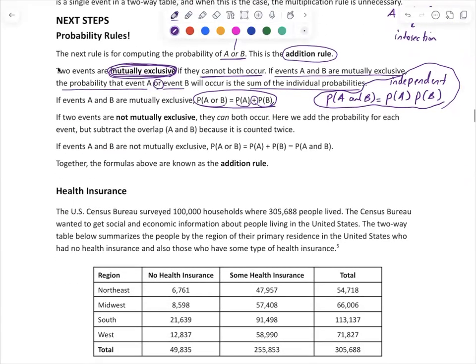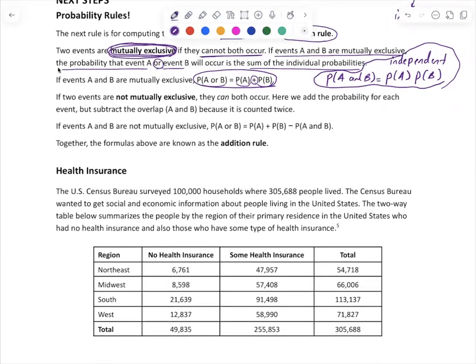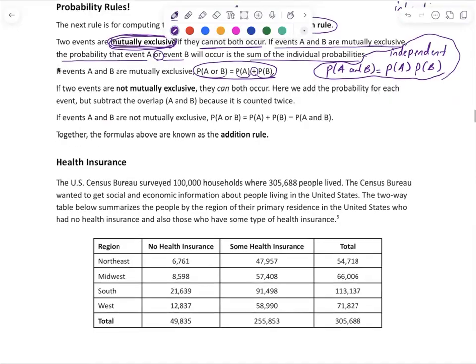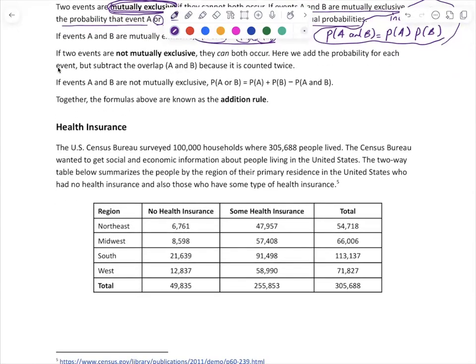Let's take a look at one example to feel more comfortable about what's happening here. The US Census Bureau surveyed 100,000 households where 305,688 people lived. The Census Bureau wanted to get social and economic information about people living in the United States.